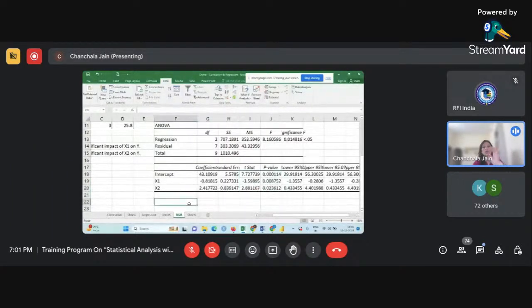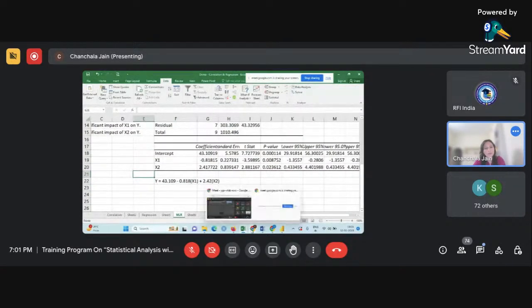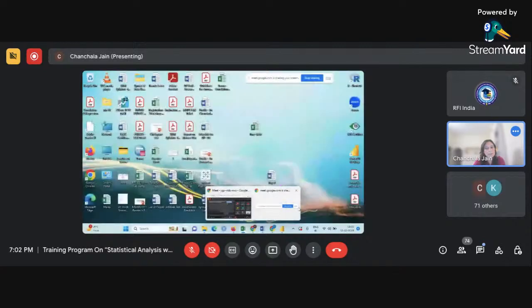So that means the intercept and coefficients are significantly contributing to your y variable, and your line will be 43.109 minus 0.818 into x1 plus 2.42 into x2. This would be your regression line, right? Clear to all?